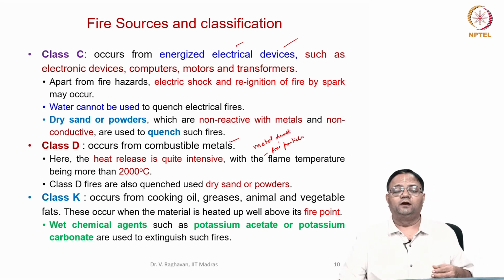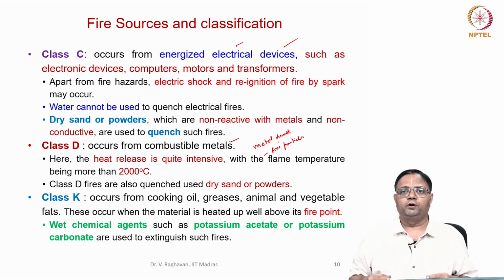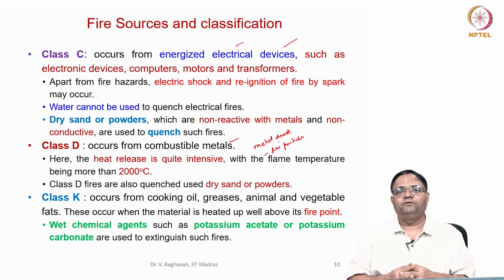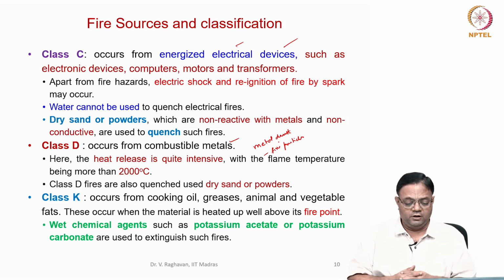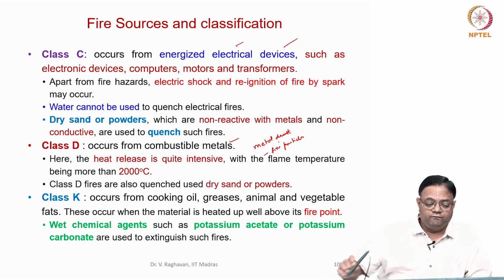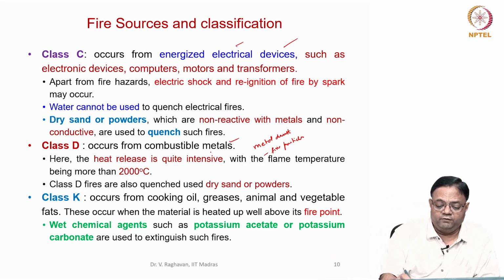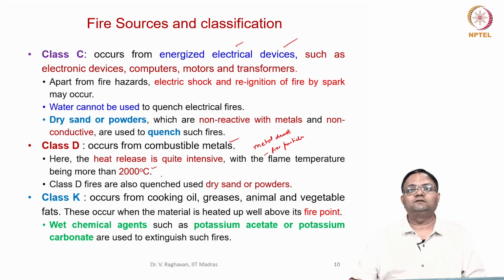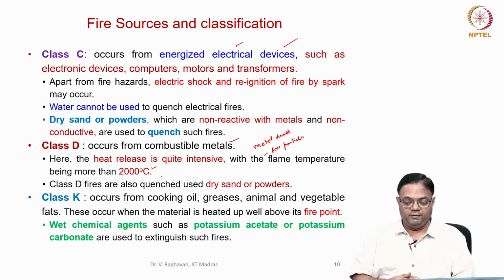The fine particles have more surface to volume ratio. When they are hot enough and oxygen is also available, then the fire will form and the temperature will be very high in these metal fires, 2273 Kelvin. That may be the temperature basically.